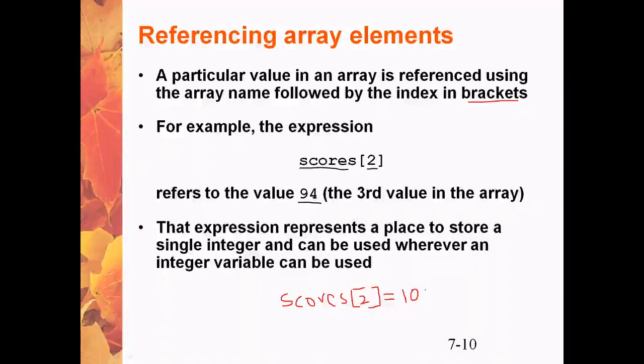So I may say 100. So here 100 is stored in the array variable scores at location 2. That is the index position. Remember, this 2 represents the index position of an element. Okay, this is about referencing array elements.